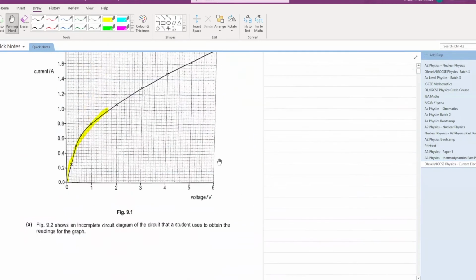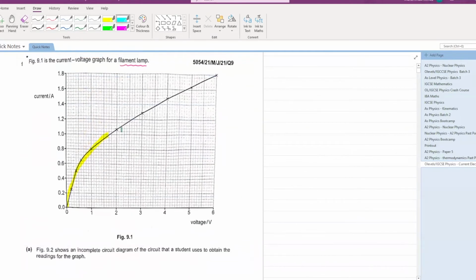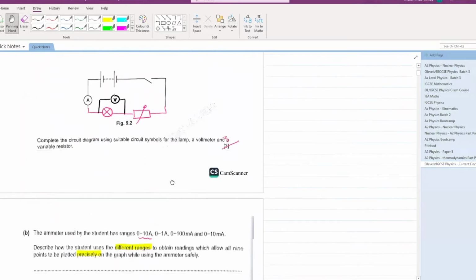And for readings greater than 1 ampere, you can use the 0 to 10 ampere ammeter.